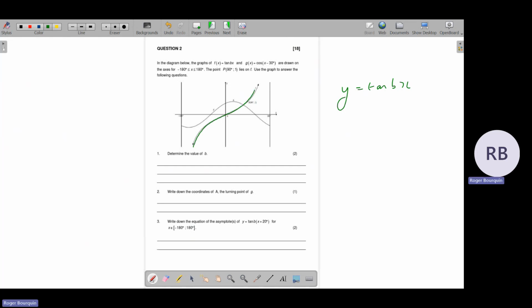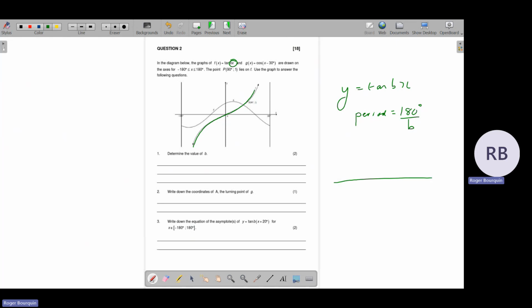First of all, as soon as you get something like this, this is indicating a period change in the graph, right? Okay, that number is not 1, might be 1. So in order to figure out, normally what do we say? If we're given the equation for a tan graph, we say the period is equal to what? 180 divided by b, right?